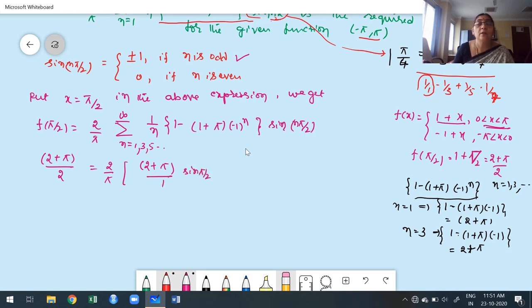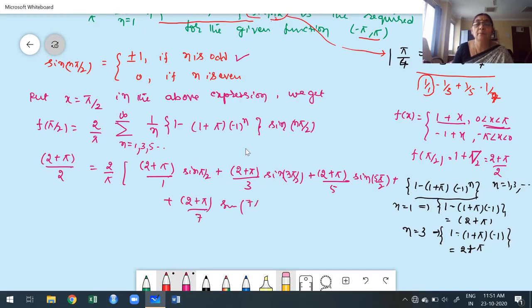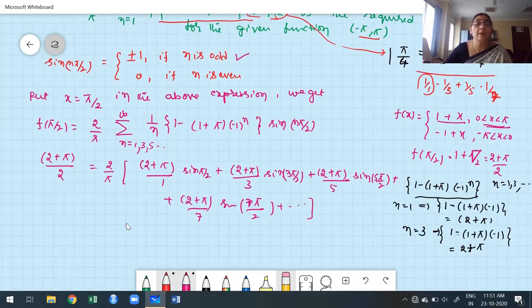Okay. And then plus, odd case, 2 plus pi divided by 3 sine of 3 pi by 2. And next odd case, 2 plus pi, again flower bracket, divided by 5 sine of 5 pi by 2, plus 2 plus pi divided by 7 sine of 7 pi by 2, etc. Now, what is the common factor here?